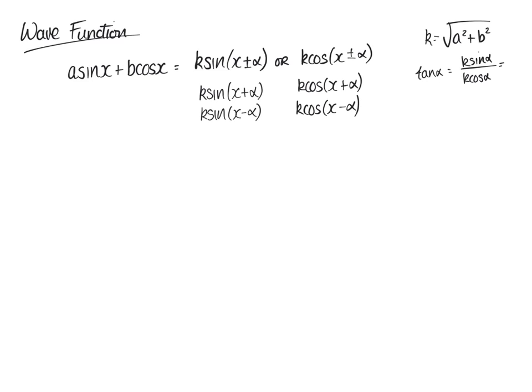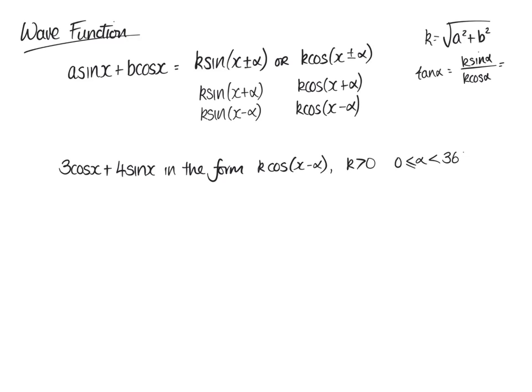So we've been asked in the question to write 3 cos x plus 4 sine x in the form k cos of x minus alpha, and we're told that k has to be greater than 0 and alpha has got to be between 0 and 360 degrees.